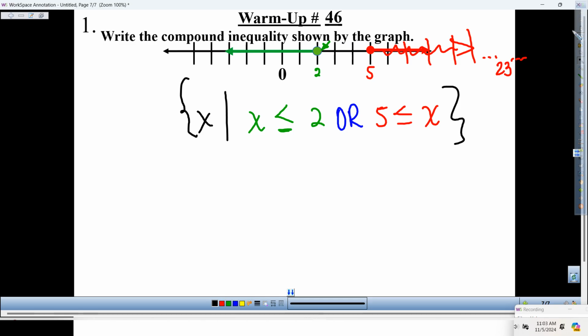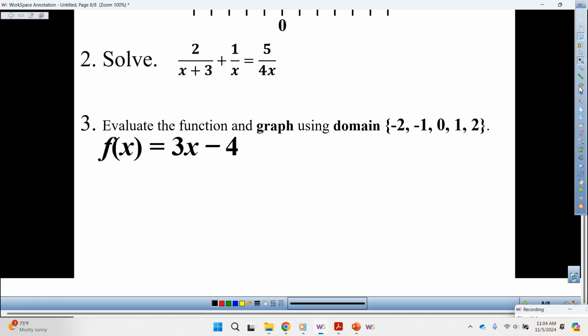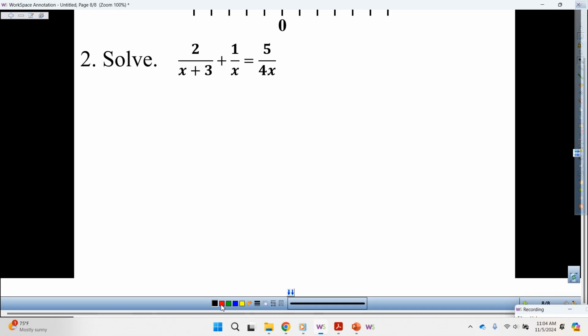We good? Yes, Mr. Q. Let's go to number 2. Let me make some space here. My LCD, or least common denominator, I need to use the denominators. This one is x plus 3. Put that in parentheses. I need x, and I need 4x.